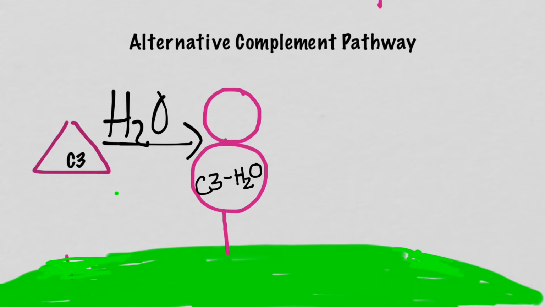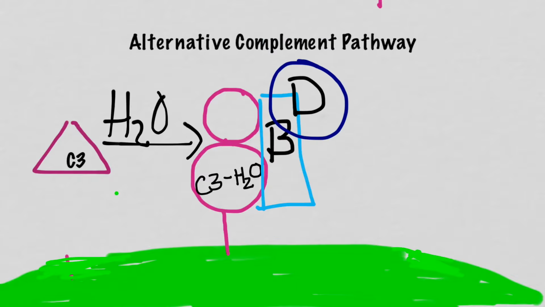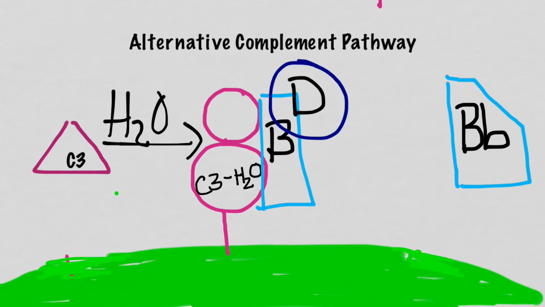So this C3H2O is able to bind factor B. Factor B is cleaved by another unique component of the alternative complement pathway, factor D. Factor D is always on. It's always active. And when it's cleaved, you get formation of factor Bb.